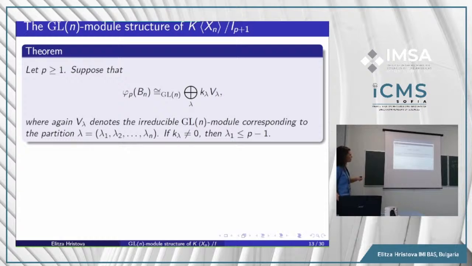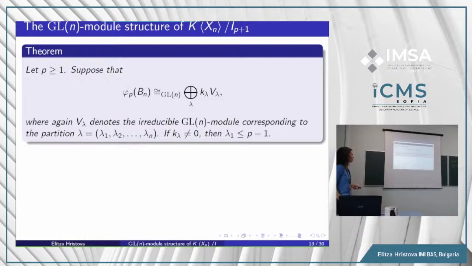If it appears with non-zero multiplicity, then necessarily lambda 1 should be bounded by the number b minus 1, which in particular means that this algebra is finite dimensional, because there are only finitely many partitions that have this bound. And also this bound is sharp. We can always produce in the decomposition a partition which appears with non-zero multiplicity and has lambda 1 equal to b minus 1.